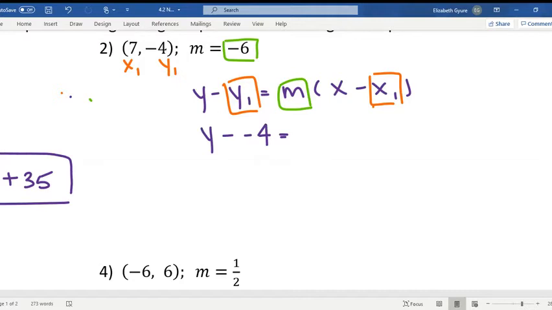No. Make sure you always bring that sign down with you and write the sign down of the number if it's negative. M, what's my M value? -6. Put your parenthesis, x minus, very good, 7 is your x1 value.